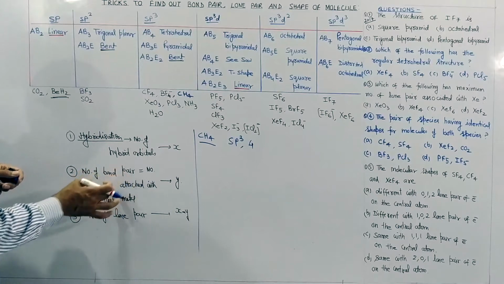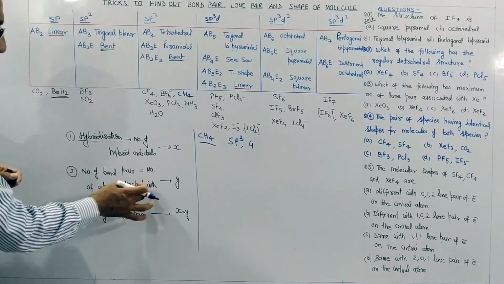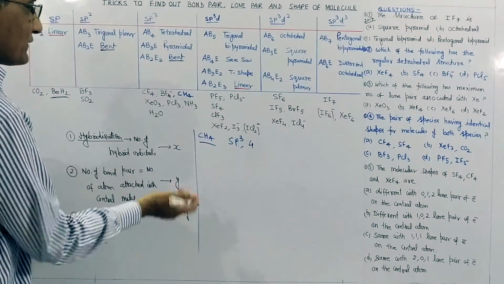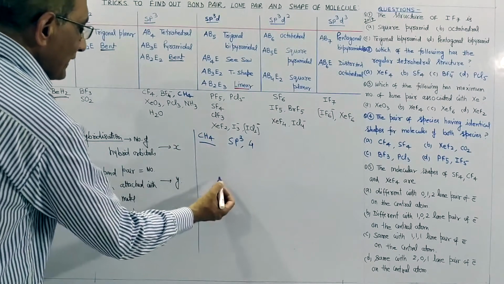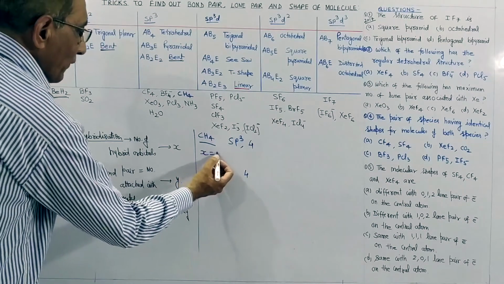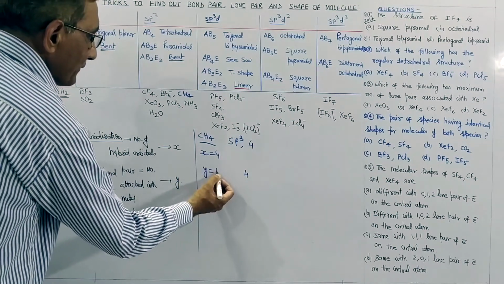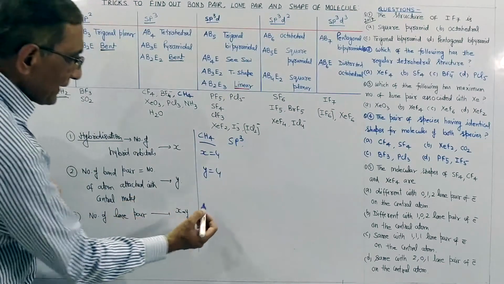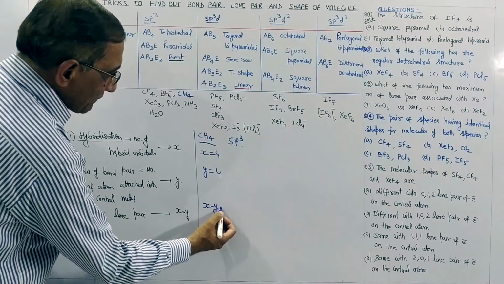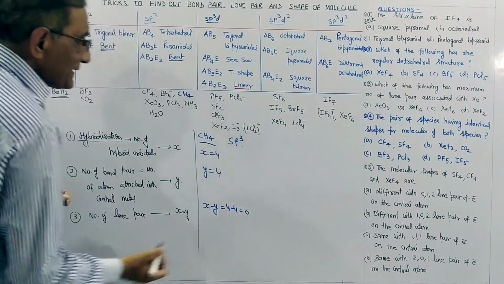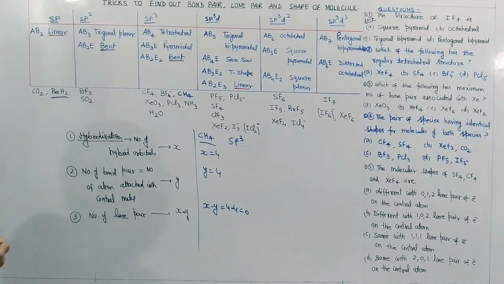So the number of bond pairs will be the number of atoms attached with the central atom. 4 hydrogen atoms are attached with the central atom carbon. So it will also be 4. So x is 4, y is 4. Then the number of lone pairs will be x minus y, 4 minus 4, it will be 0. It means there is no lone pair in this molecule.